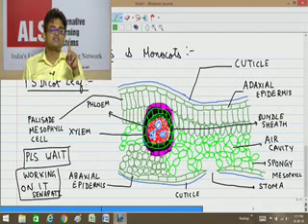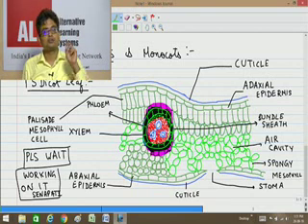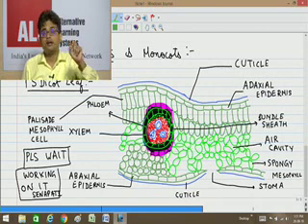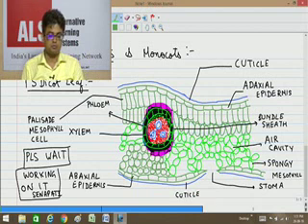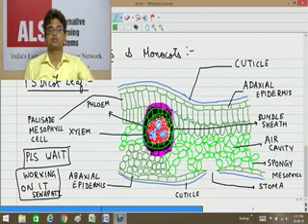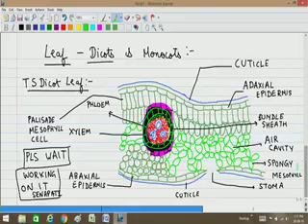These bundle sheath cells will be of great use when I teach you the C4 cycle of photosynthesis. So I will remind you that there is a thing called bundle sheath cell when I teach you this part. Okay. So later I will come up to this. Okay. So this is for the dicot leaf. Let us move on to the TS of monocot leaf.